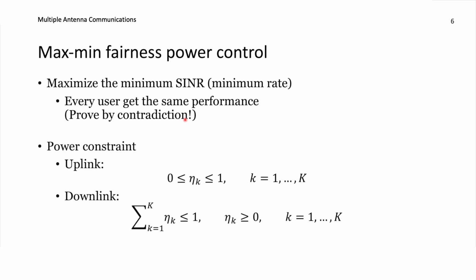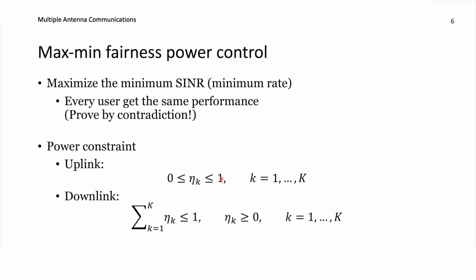And we have almost the same SINR expressions in the uplink and the downlink, with just different A and B values showing up. But we have fundamentally different power constraints, which will lead to different solutions when we are computing this power control. So in the uplink, every user has a maximum power rho uplink, and then we are choosing between using no power and full power by varying this parameter eta k for user k, from 0 up to 1.